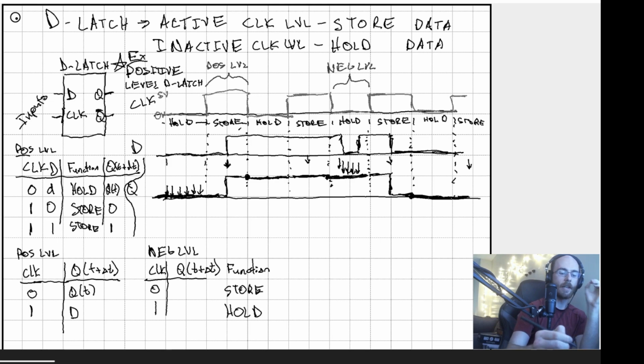It's the same idea. We started with the function. Hold function is easy: that just means it stays whatever it was at the previous step. And the store function is also easy: that just means we take whatever D is and that becomes our output. So that's how you could use this. We started always thinking about the positive level, but we also have to always consider the negative level.